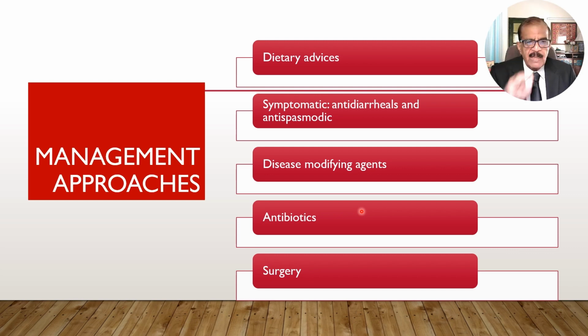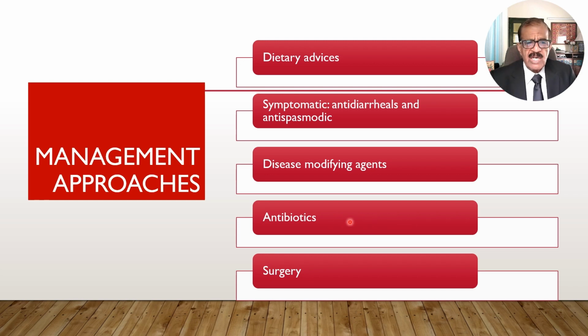So they can be given, and there may be some role of antibiotics also, particularly in Crohn's disease in the acute phase, because in Crohn's disease there may be deep ulcers, and that could cause superadded bacterial infection due to intestinal pathogens. In the intestine we have anaerobes, we have gram-negative bacteria, so accordingly we give metronidazole and ciprofloxacin, but only to treat the acute phase. Antibiotics are usually not recommended long term.